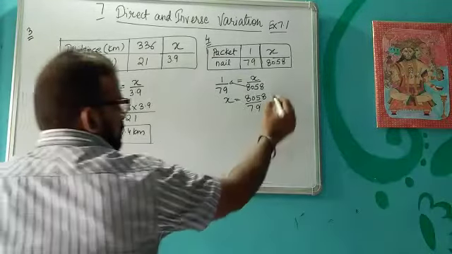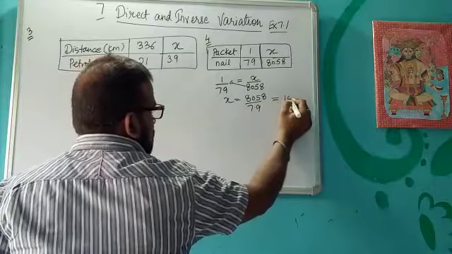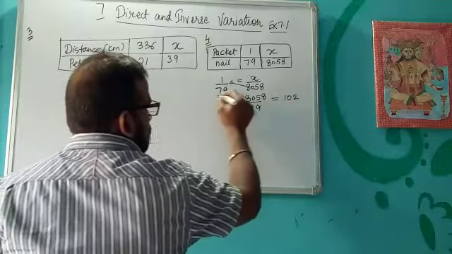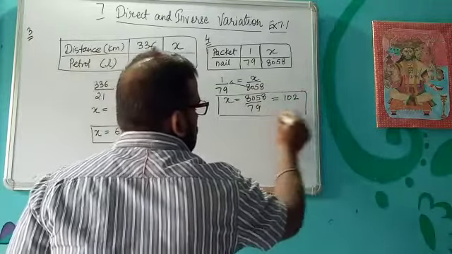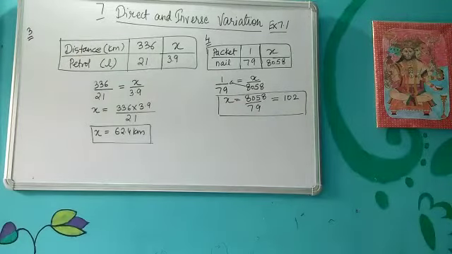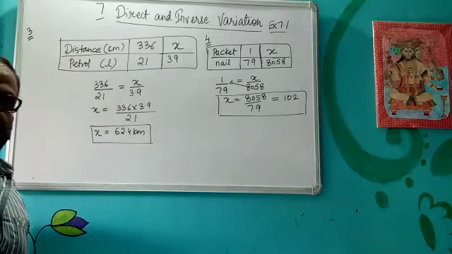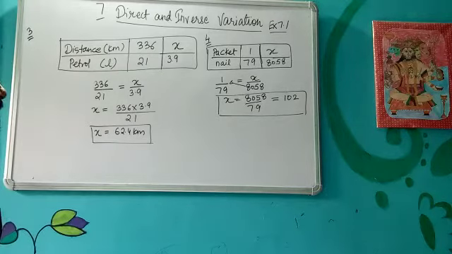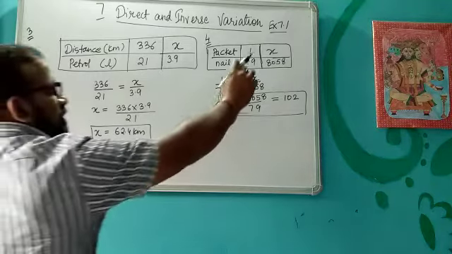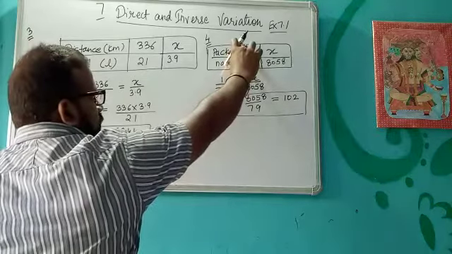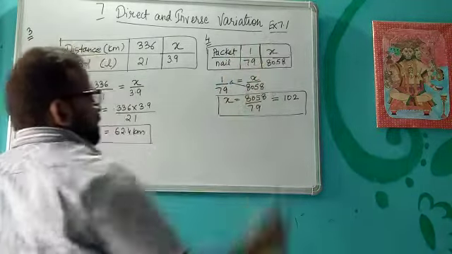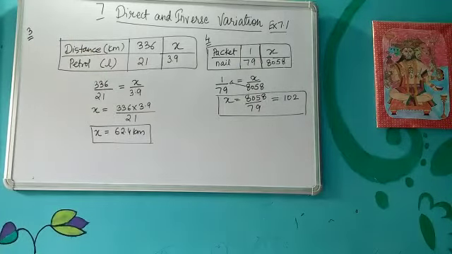Then when we solve it, we will get the answer as 102. So identify the variables, then form the table, and since it is varying directly, you use the concept that this ratio will always be equal to this ratio.